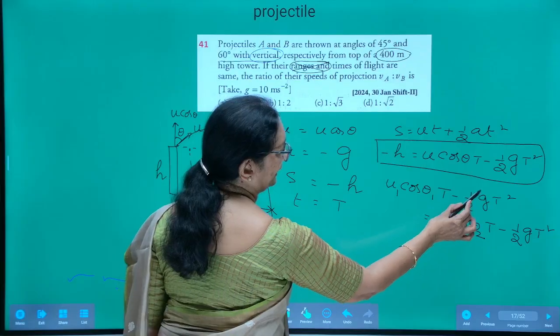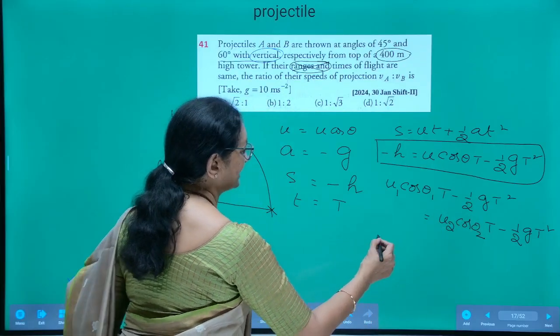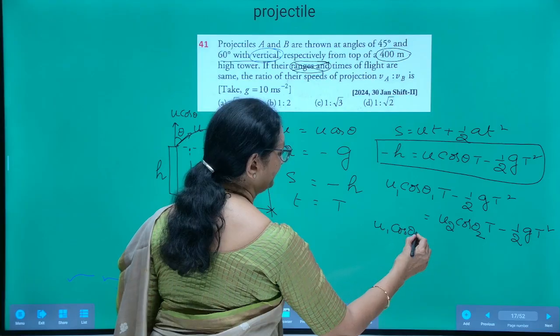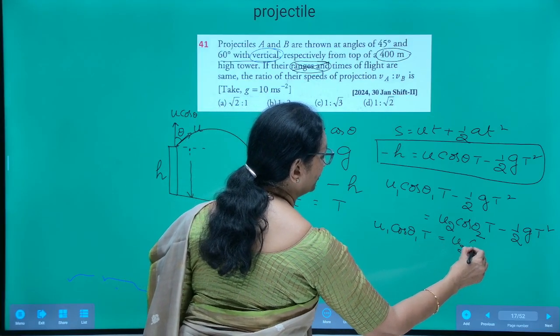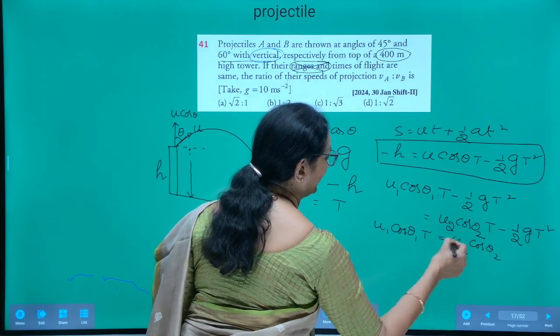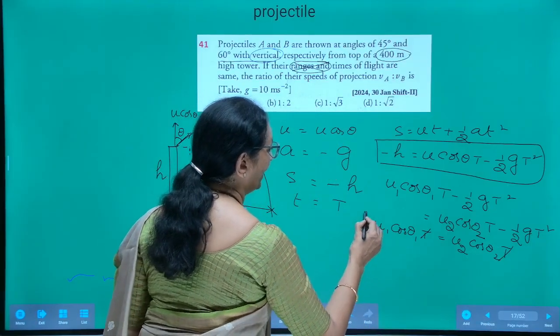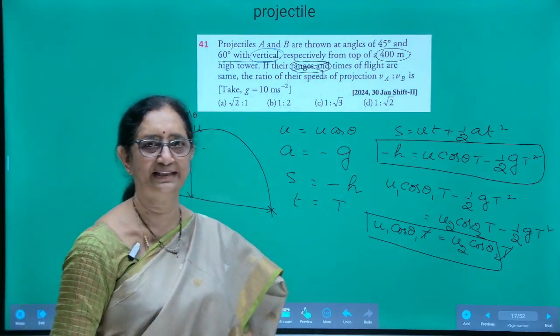If you take that half g t square to the other side, you will be left with u1 cos theta 1 t is equal to u2 cos theta 2 t. As t's are same, they get cancelled. u1 cos theta 1 is equal to u2 cos theta 2.